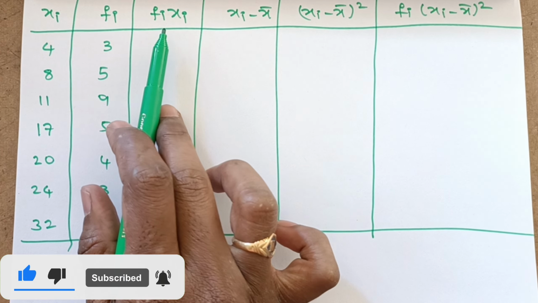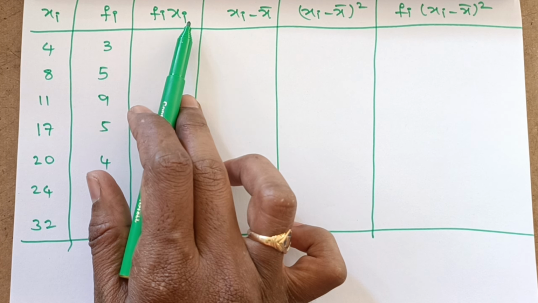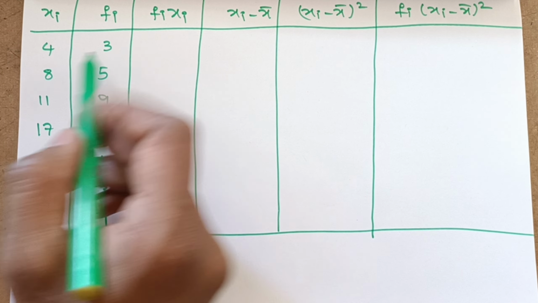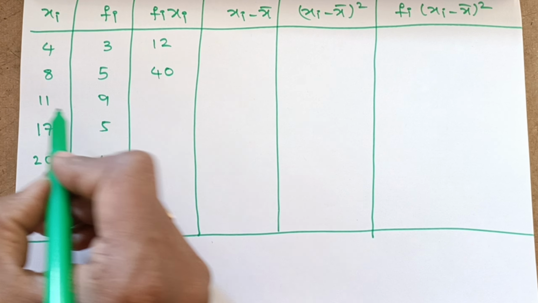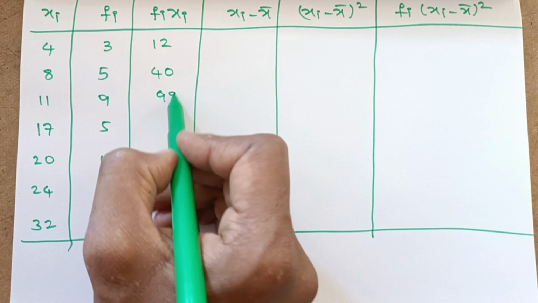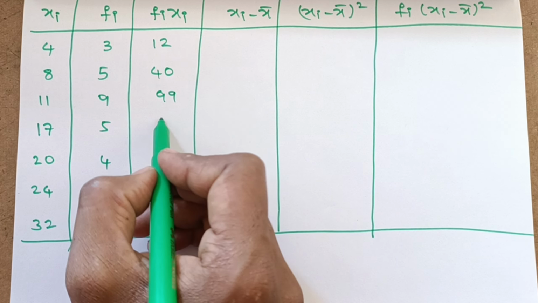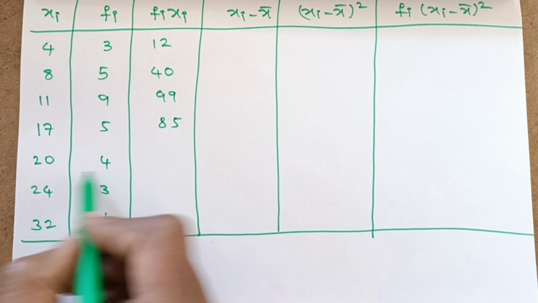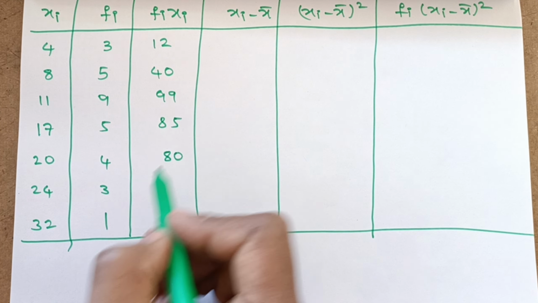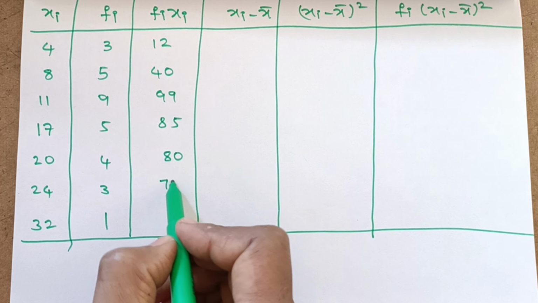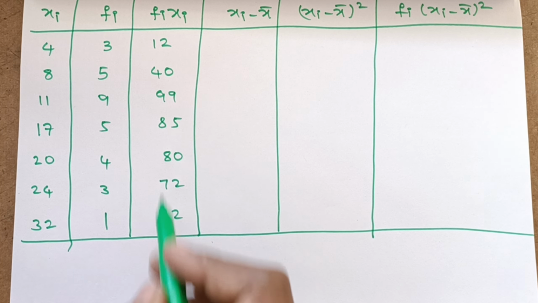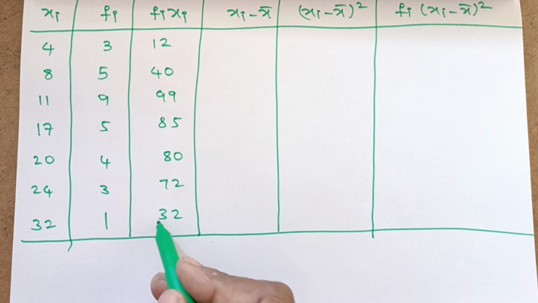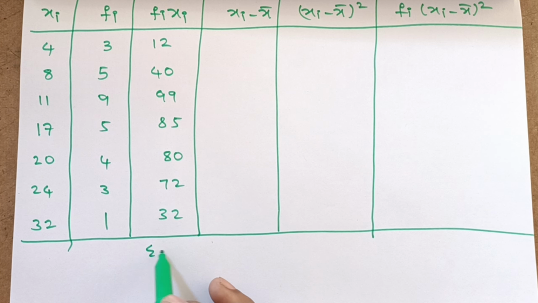So first you can find fi into xi. Multiplying these two, 4 into 3, 12, 8 into 5, 40, 11 into 9, 99, 17 into 5, 85, 20 into 4, 80, 24 into 3, 72, 32 into 1, 32. Now we should add all these, that is what? Sigma fi xi values.